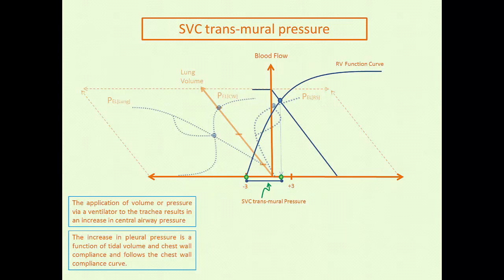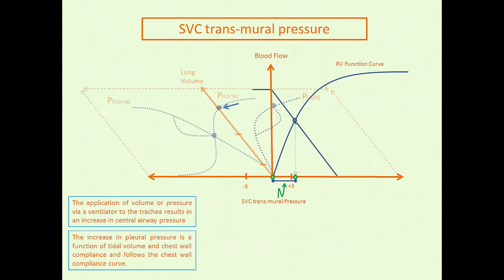So you give the positive pressure breath, intrathoracic pressure or pleural pressure increases, but the SVC transmural pressure decreases, and that's because the intrathoracic pressure increases to a greater extent than the increase in the central venous or right atrial pressure.